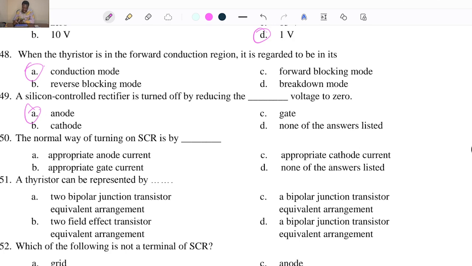So here, meaning you add the current to the gate. You want to turn it on, listen. So it has to do with the current that you are going to add to the gate. So this becomes B.